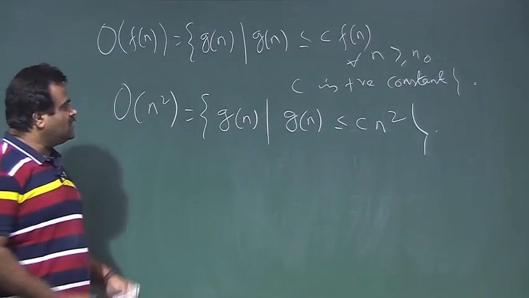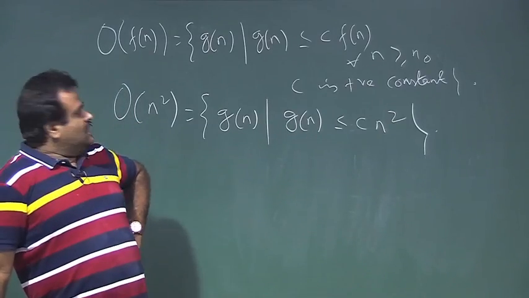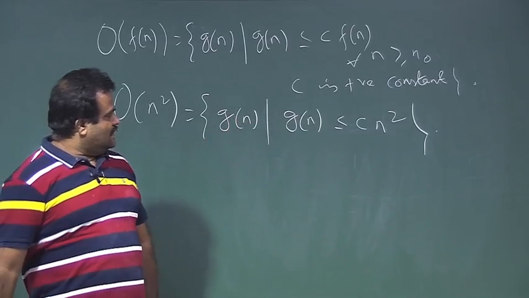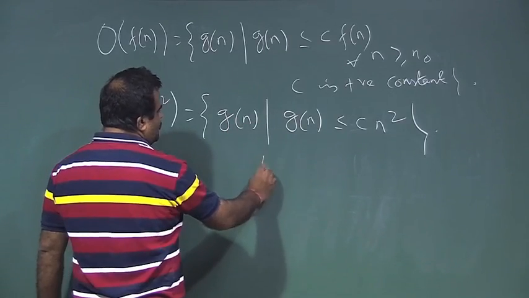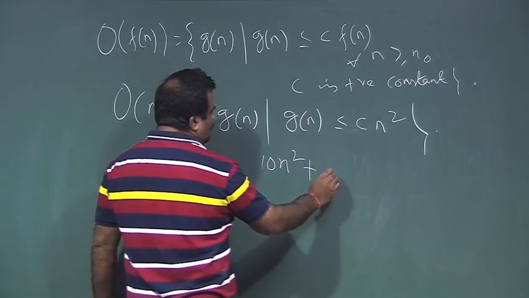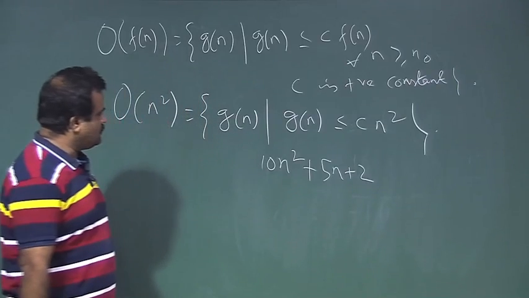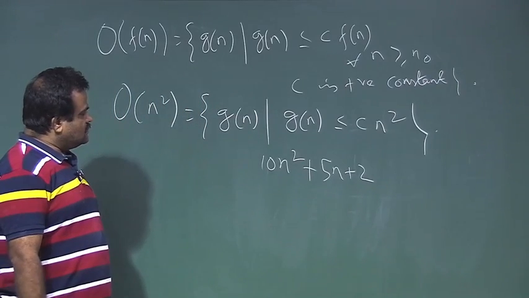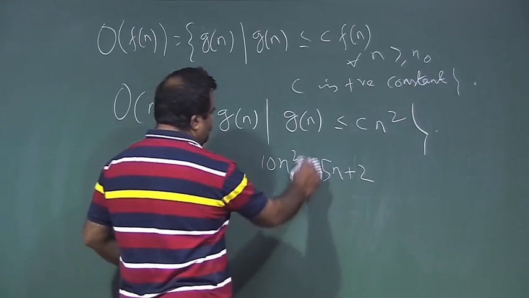Okay. So if we can choose a positive C such that it is less than this, any function like this, say 10n square plus 5n plus 2, or maybe say minus 5n.